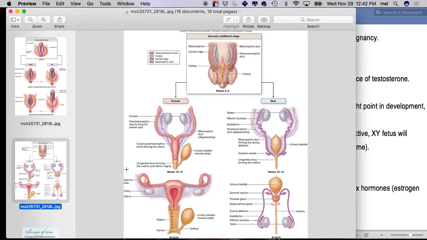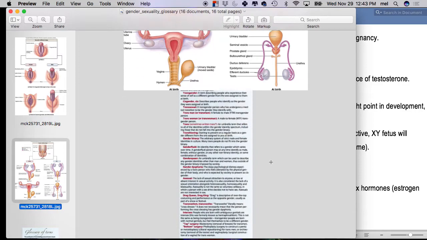So let's try to predict in that situation what would happen internally. You've got an XY fetus, and the only thing that is different is that the testosterone receptors don't work, right? So you still get SRY turned on, yes, okay? And the testes still start developing like they do, right? And then do you still make MIH? Yeah, MIH is a totally different gene, right? And so do you degenerate these female ducts? Yeah, you do, right?